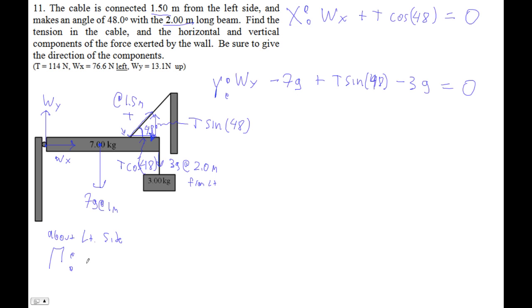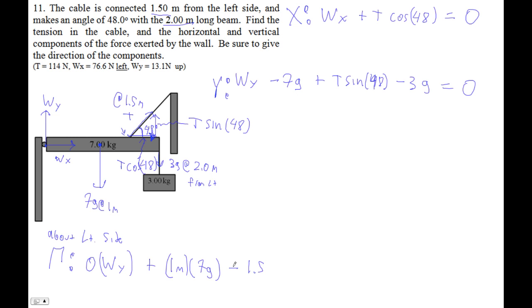All right. So the torque about the left side is 0 times the wall in the y direction. Then we've got a positive torque due to this guy. This guy's going to tend to torque it clockwise, so plus 1 meter times 7g. Now the next torque is the cable torquing it anti-clockwise, so minus 1.5 times T sine 48.